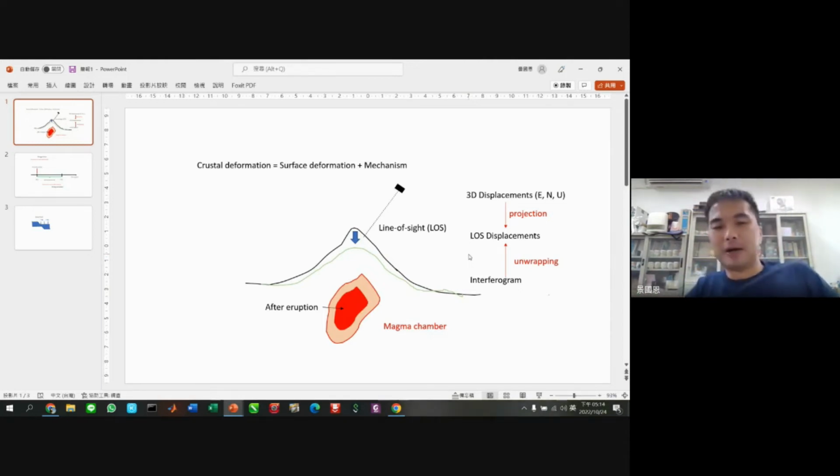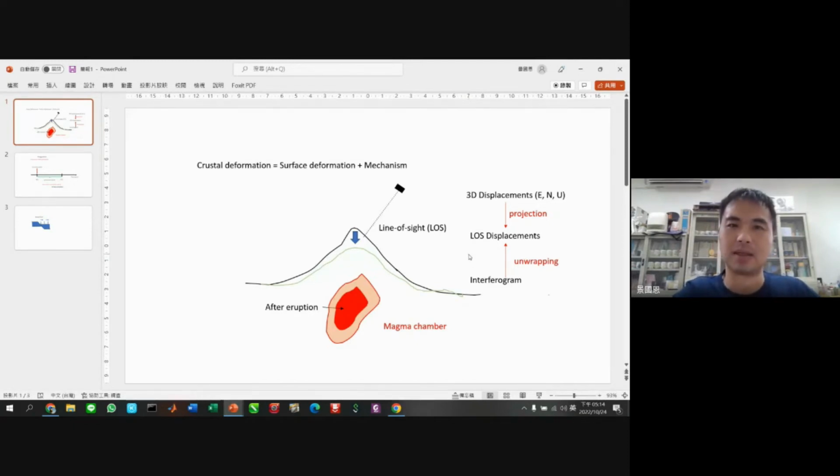Okay, so the question or the problem will be, how could we identify the mechanisms, or how could we study crustal deformation using InSAR results?